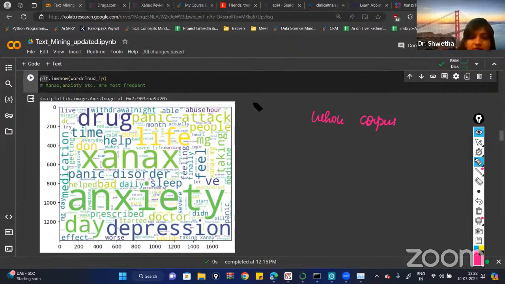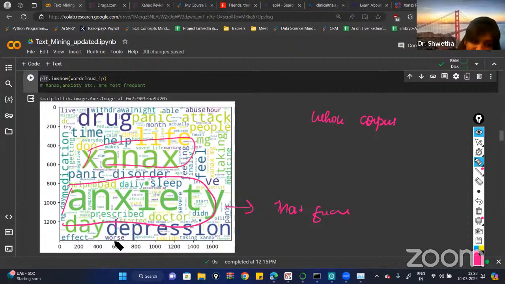By this word cloud, you can see some of the most important words. One is anxiety, which is being repeated most frequently. Then there is Xanax. Then there is the word depression. Then there is the word drug.